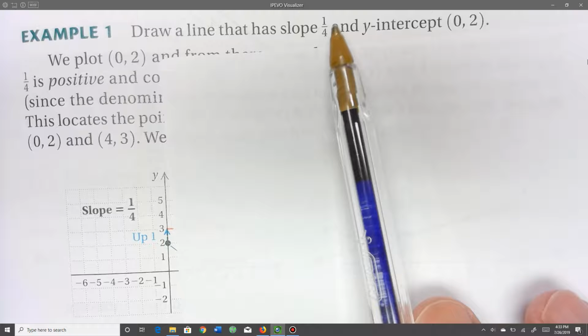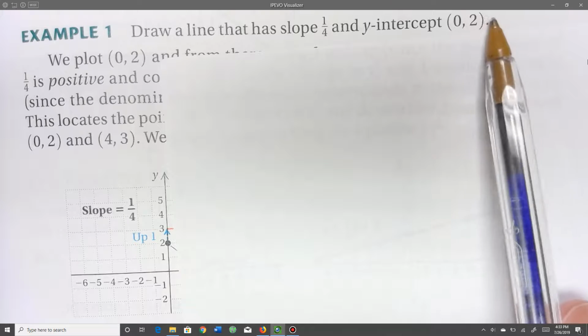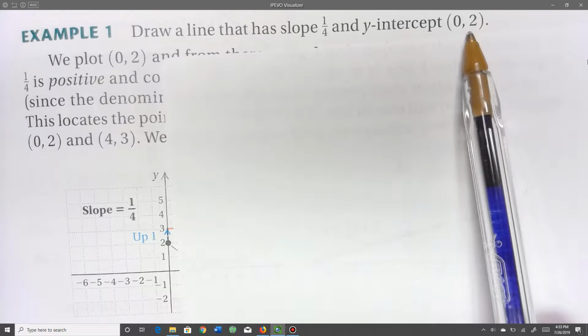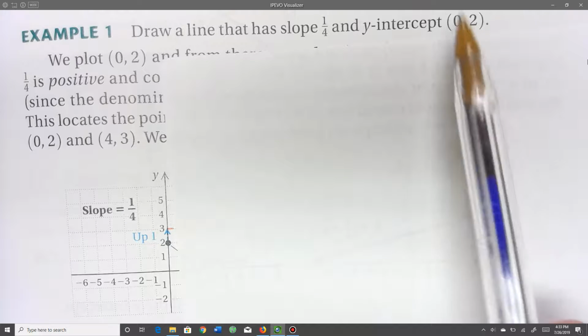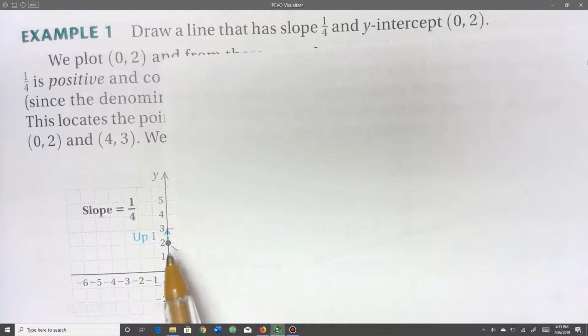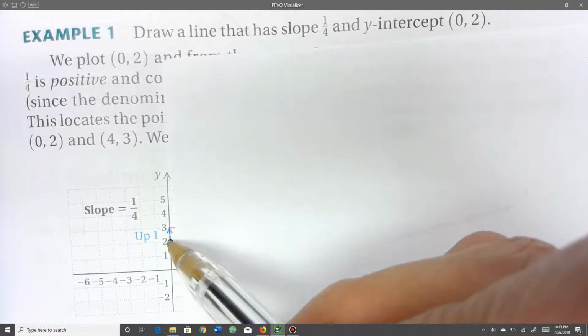So you need to start by plotting a point, any point they give you, or any point you can find, okay? In this problem they do give you one, the y-intercept, and the y-intercept here is (0, 2). So once you find it, you plot it, okay? Plot it right there.